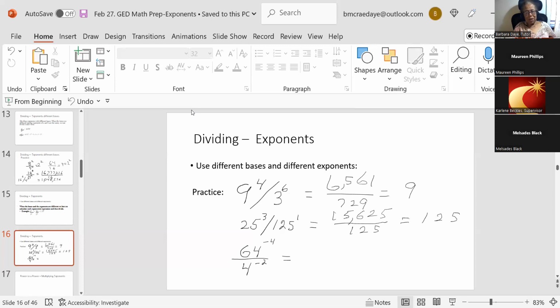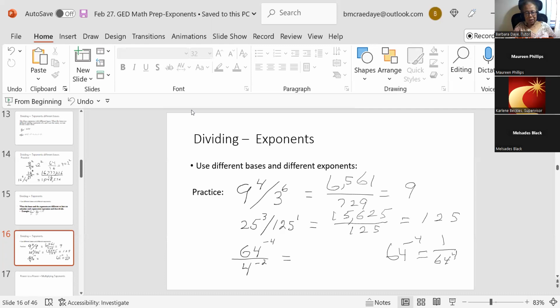Now remember, when you have a negative, you can flip it and make it positive. So 64 to the minus 4 is equal to 1 over 64 to the fourth.